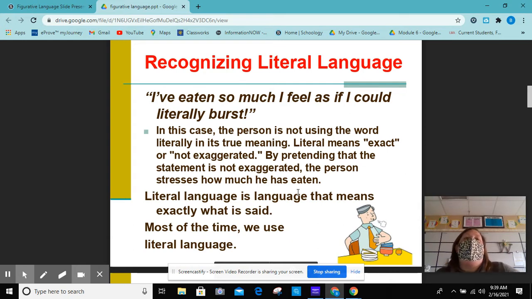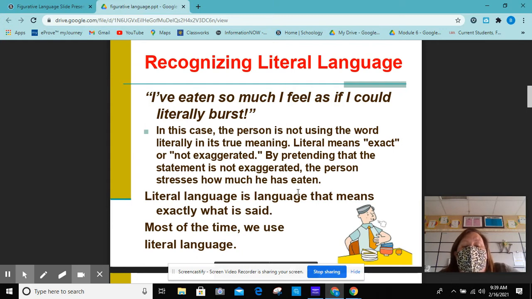Now, if you overeat and you feel like you're going to burst wide open, is that still an exaggeration? Yes, because you're not going to physically bust. You might throw up, but you're not going to split your body wide open.